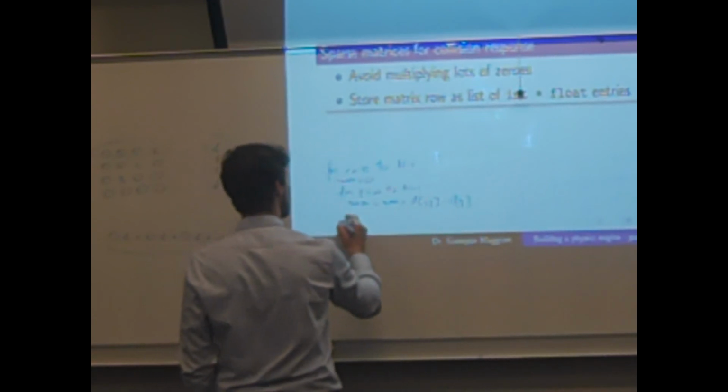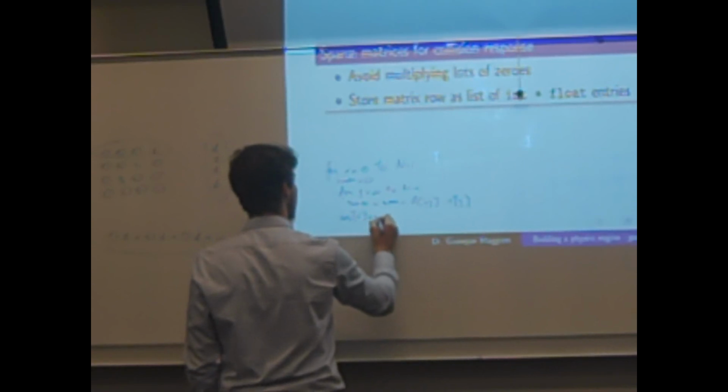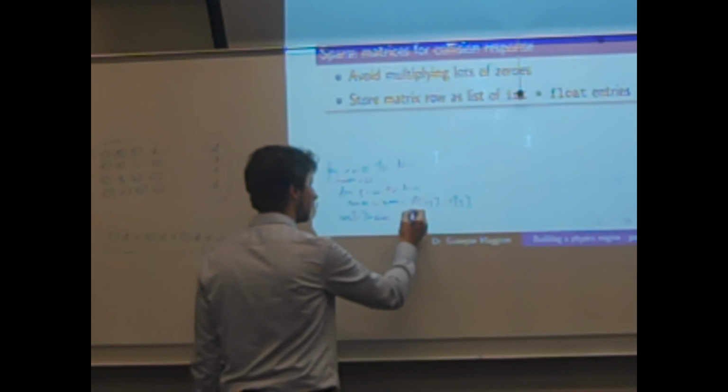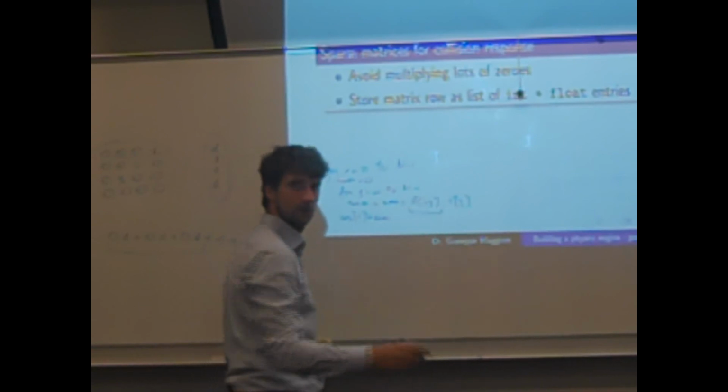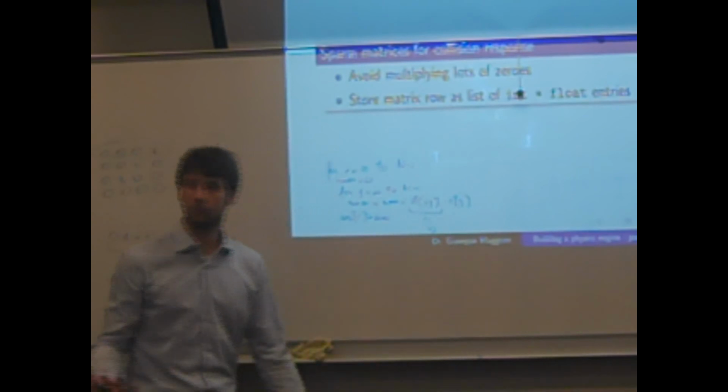And then you say that the result of i is going to be equal to the sum. So the result is a vector, and every element of the vector is the multiplication of the ith row of the matrix by the vector itself. The big problem now is that for most j's, a of i j is going to be equal to 0, almost all the time.